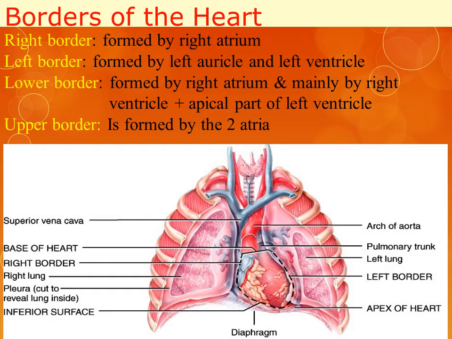And the upper border is formed by the two atria. So if we see, this is the right border, this is the left border, which is formed by the auricle and the left ventricle. Right border is formed by the right atrium and the lower border is formed by the right atrium, right ventricle and the apical part of the left.